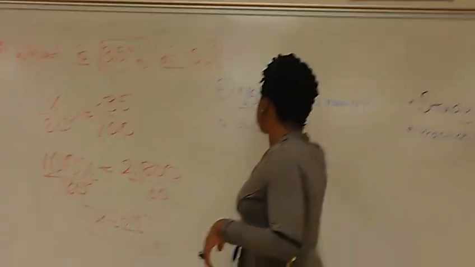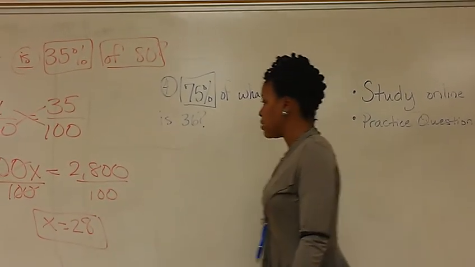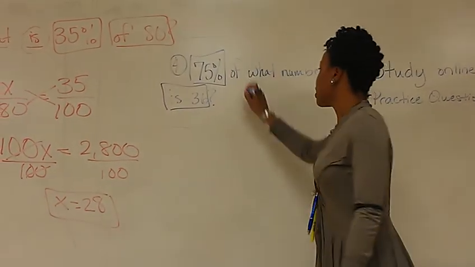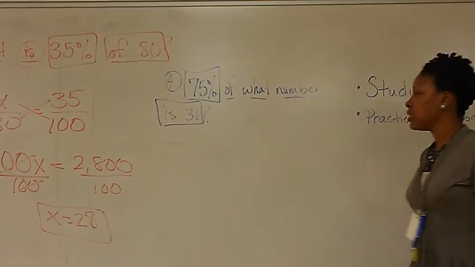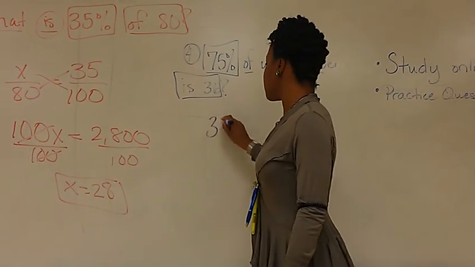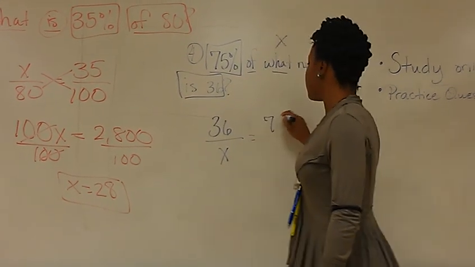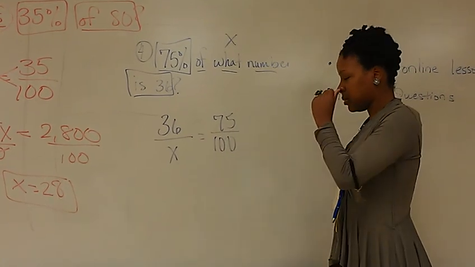Good. The percent is 75. What else? The is 36. Good. We're looking for of. That's why it says of what number. So that's our X. So is 36, of is X. The percent is 75. Don't write the percent sign. Over 100.